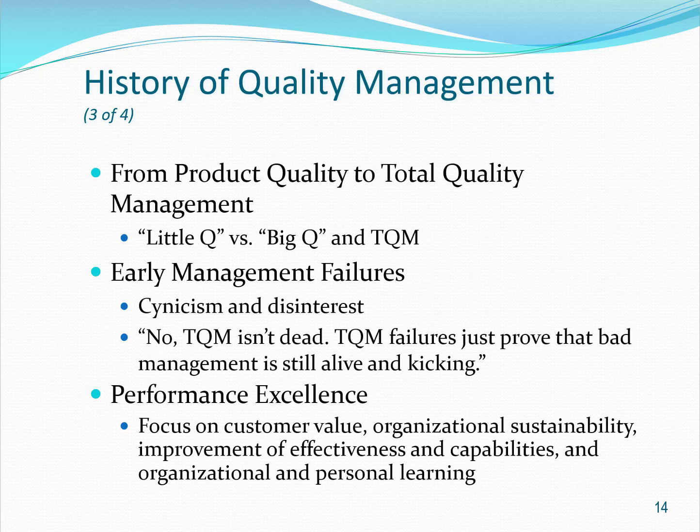Around this time we start talking about little Q, which means managing manufacturing quality, and big Q, which is managing quality in all organizational processes, not just manufacturing and engineering. Then we have TQM, or total quality management, a management system that focuses on the people within the organization, realizing that it's the people who can continually increase customer satisfaction and lower costs.